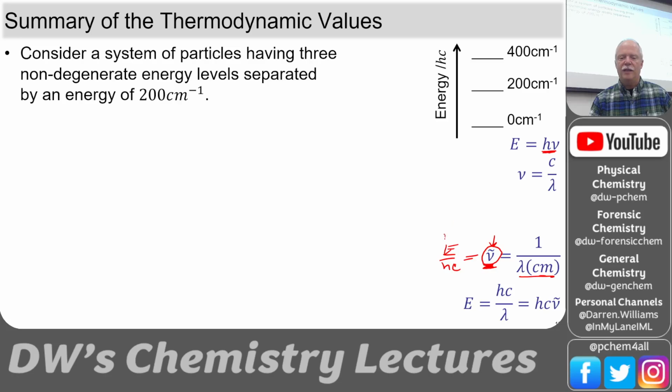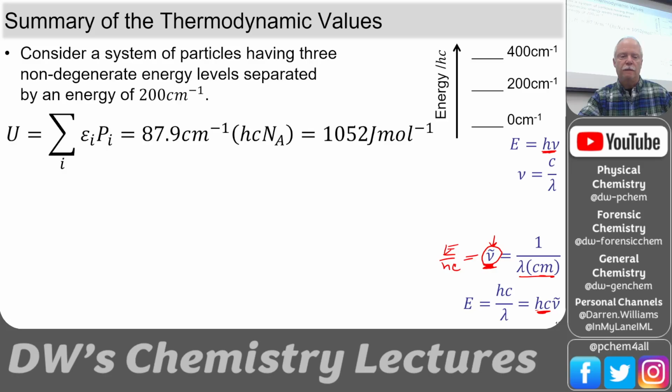If we want to get back to energy in terms of joules per mole, then we just need to multiply our wave number values by hc. So that's Planck's constant and the speed of light. And if we want the per mole, we need Avogadro's number.